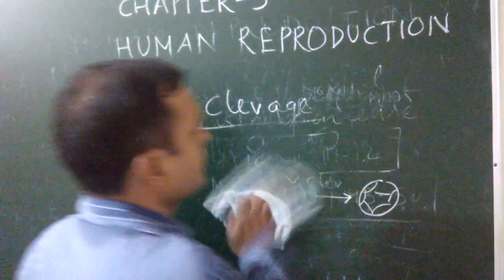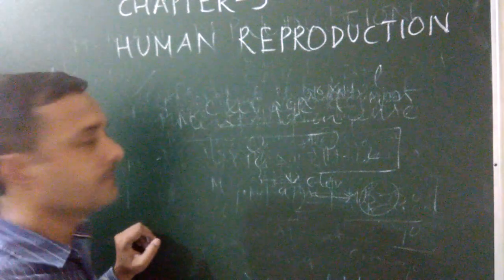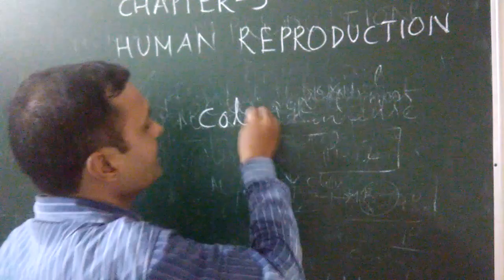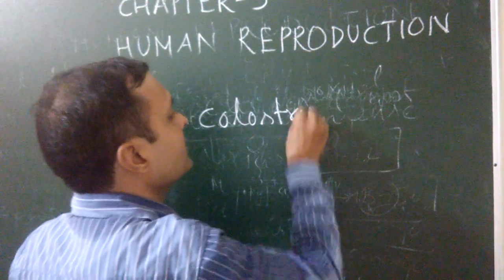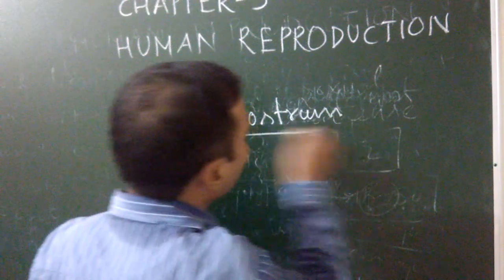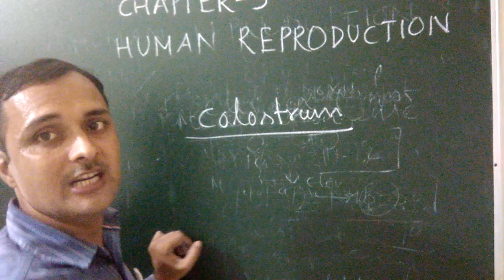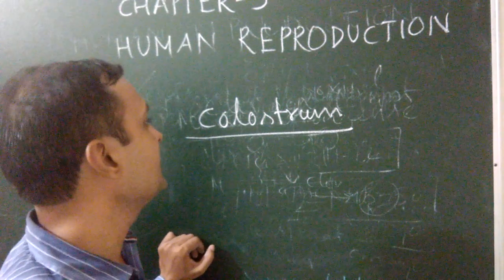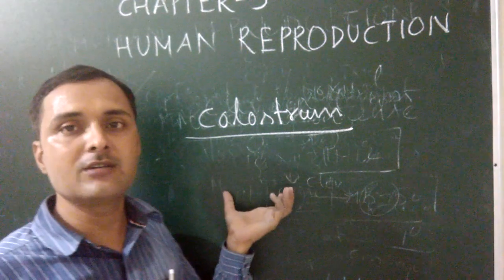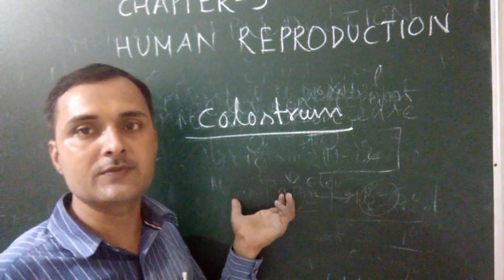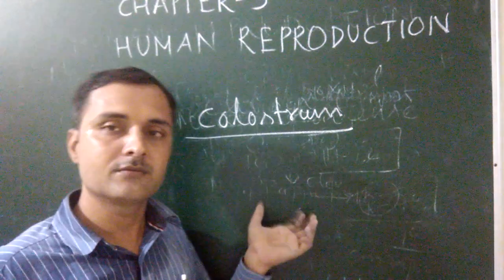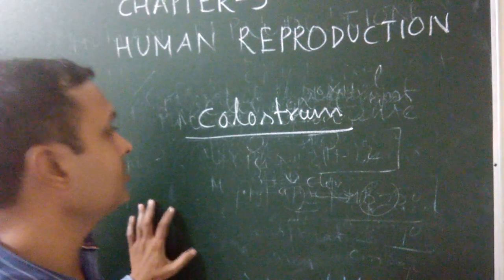Next topic is what is colostrum. The first milk ejected just after childbirth is known as colostrum. It is yellowish in color. It contains lots of nutrients for the new young one. Once again, what do we mean by colostrum?